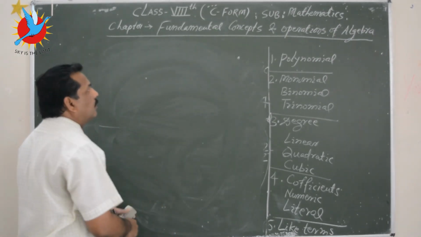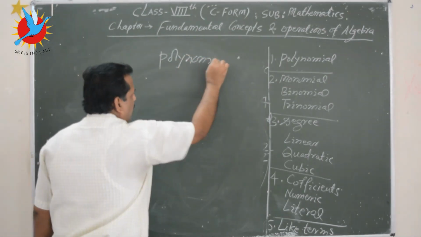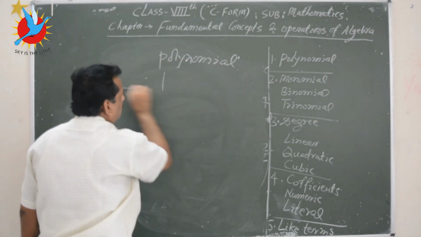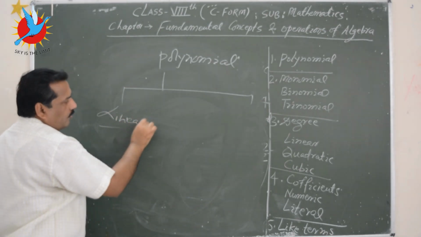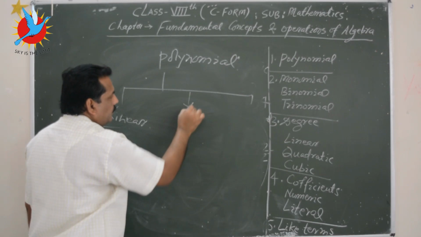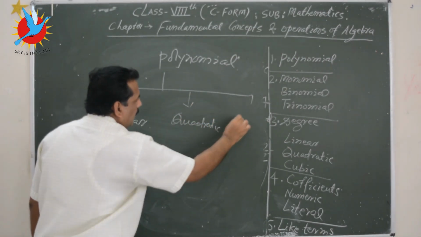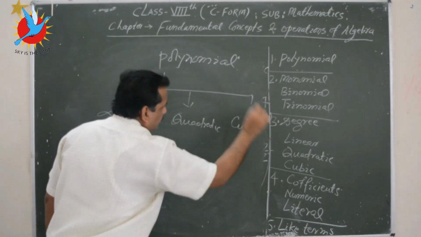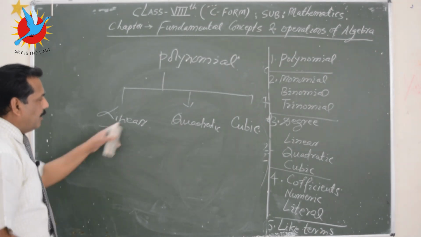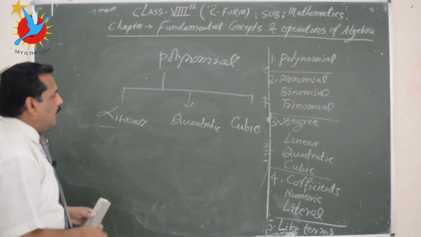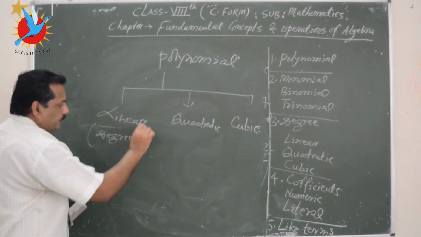Now based on degree, we again classify polynomials this way: linear, quadratic and cubic. And there may be higher degrees also. Linear polynomial means degree equal to 1.